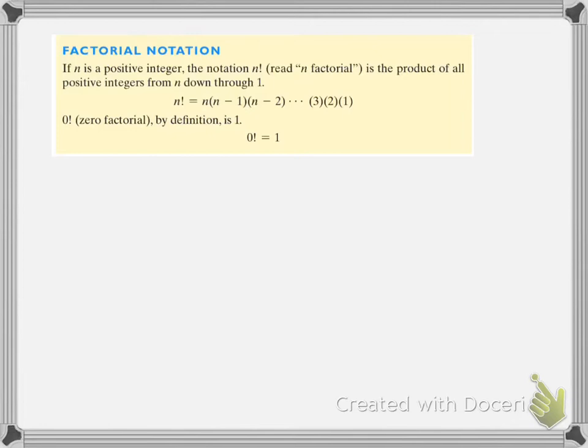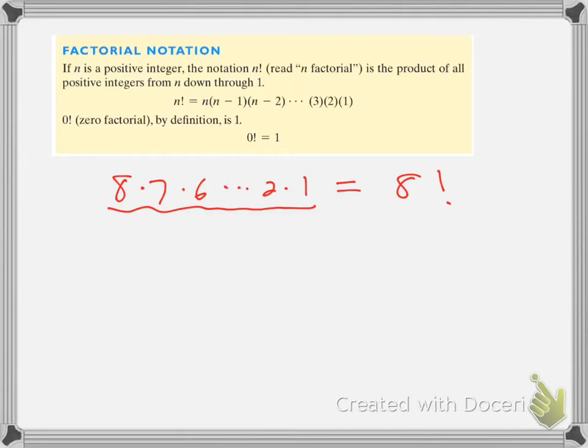Okay, so that thing we just did, the 8 times 7 times 6 all the way down to 2 and 1, skipped a few numbers in there. There's a way to abbreviate this product right here, and it's 8 factorial, okay? And I have the definition of a factorial up here. This little exclamation point means factorial in mathematics. So basically, if n is a positive integer, the notation n factorial is the product of all the positive integers from n down to 1.